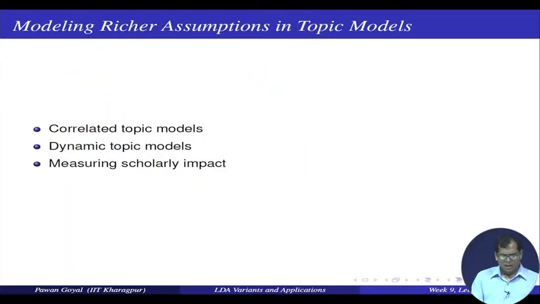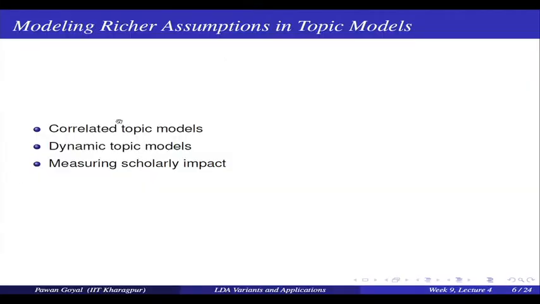So now, apart from modeling the simple topics that are there in the document, what else can be modeled using these topic models? So we will see how we model different other assumptions in the data. So till now, what we are saying is that we have static data, over whatever time it spans. So there is a fixed set of topics, and the topics are also kind of independent of each other.